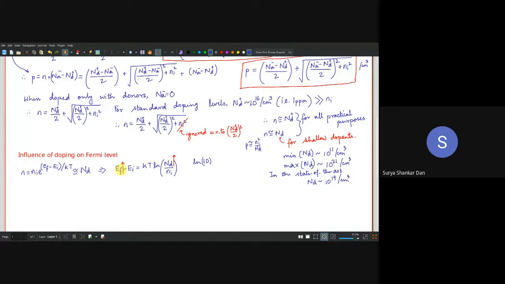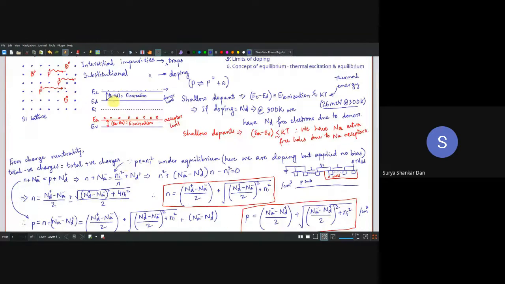As we go on increasing ND, EF will go on separating out. In this diagram, here is EF; you increase the doping further and it will move further and further up, ending up somewhere here. This is going to be your EF level if you are using ED, that means donors.